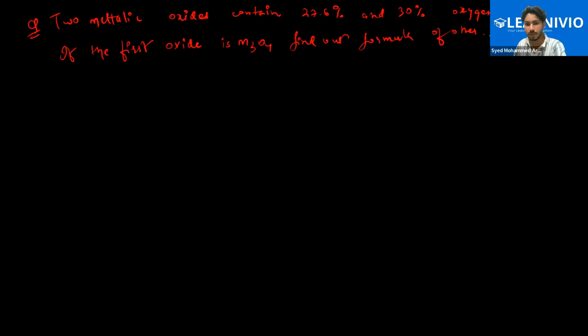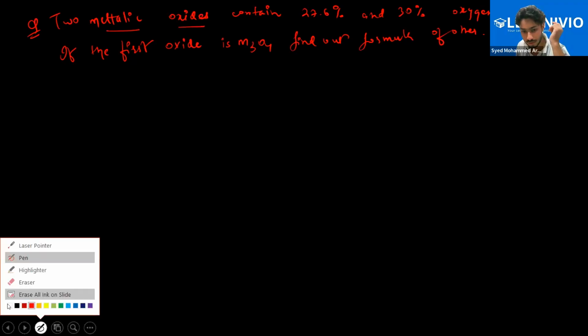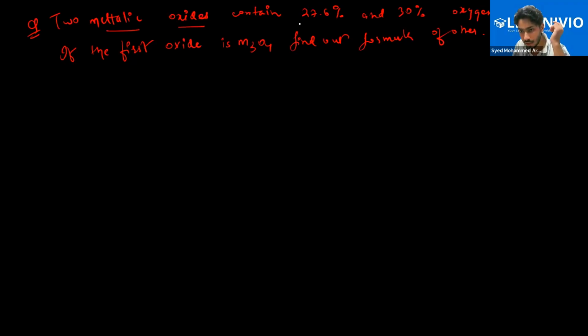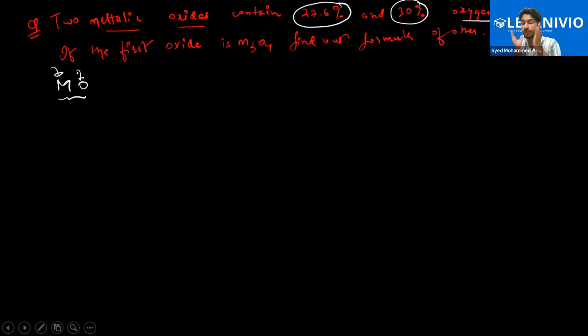Very simple question. Two metallic oxides contain 27.6 percentage and 30 percentage of oxygen. So I have this metallic oxide, this is the metal and this is the oxygen. The formula could be anything; I do not know the formula and I need to find it. How am I going to get the formula of the metallic oxide?